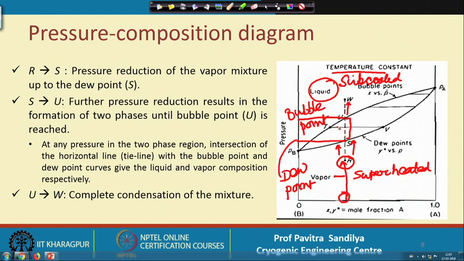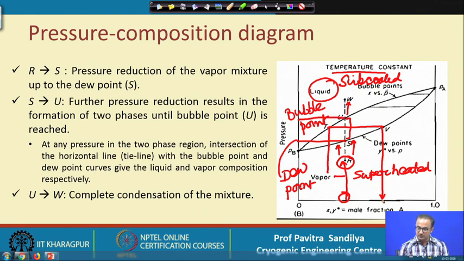And in between this two-phase region, again I can have an isobaric line, and in this case again we find this point V, which intersects the dew point, gives the liquid phase composition, and this T gives the vapor phase composition, at this particular pressure and at this particular temperature.